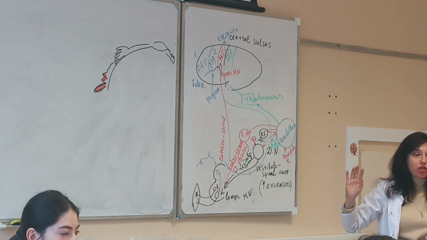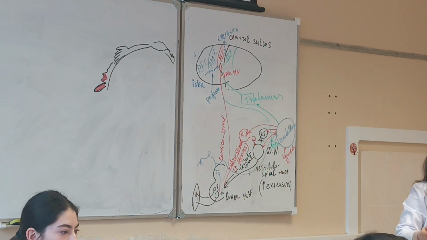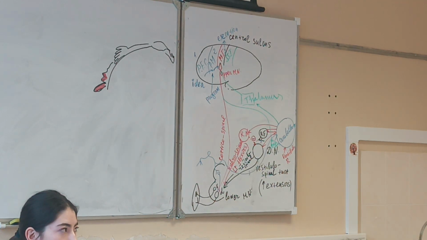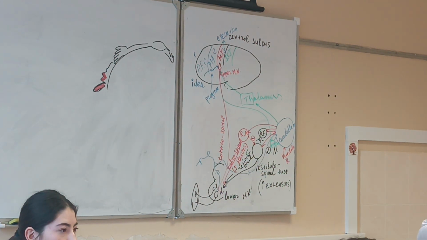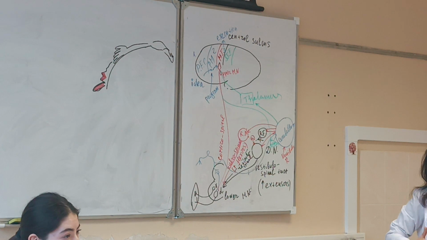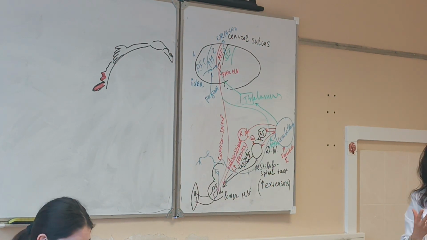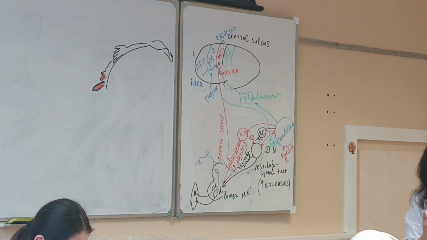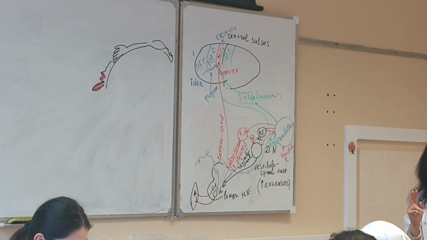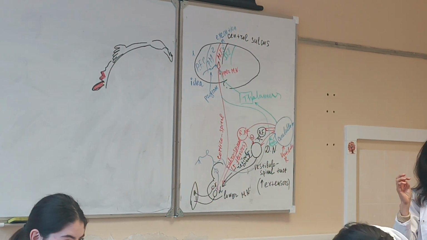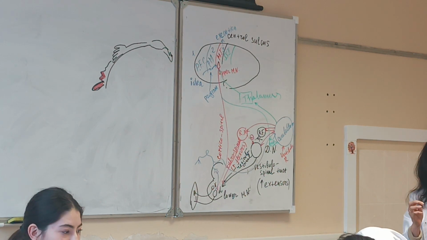This is the main function of the cerebellum: two principal functions, balance and coordination of movement.